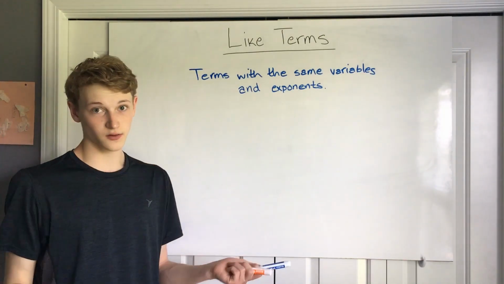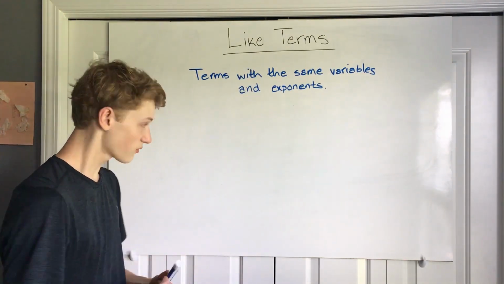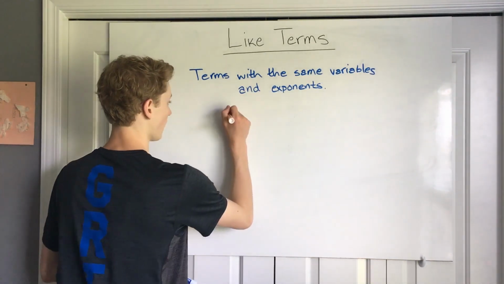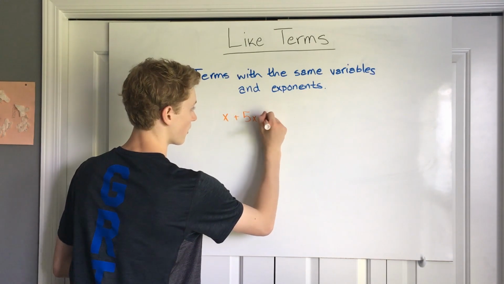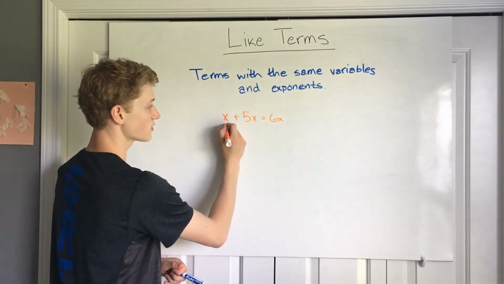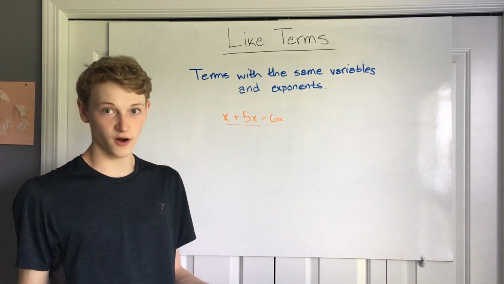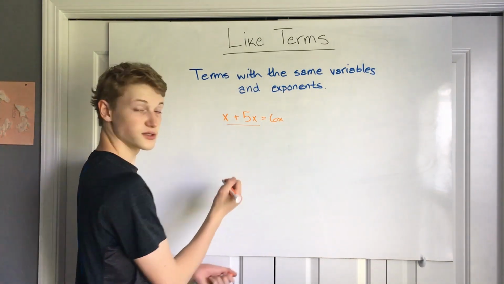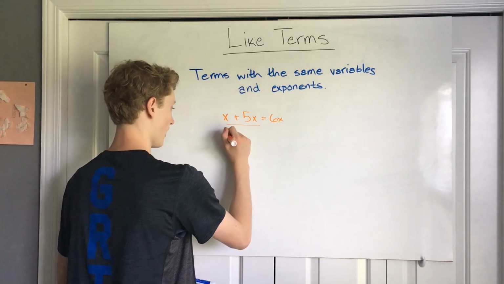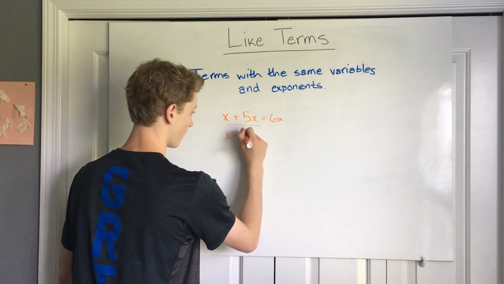So it's basically just the same terms. So for example, if I take x, I can add 5x, and I get 6x. These are like terms because they have the same variables. Coefficients don't matter.